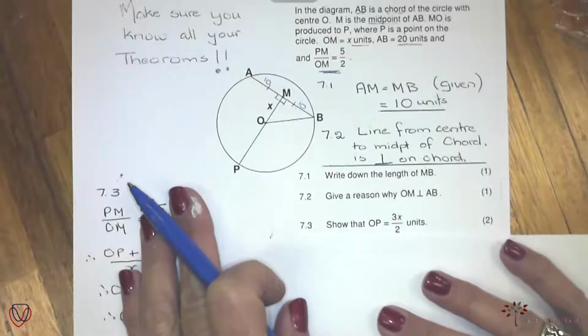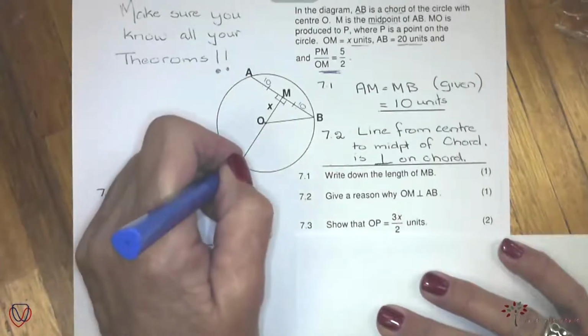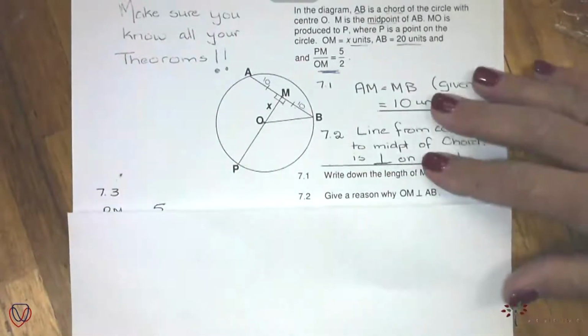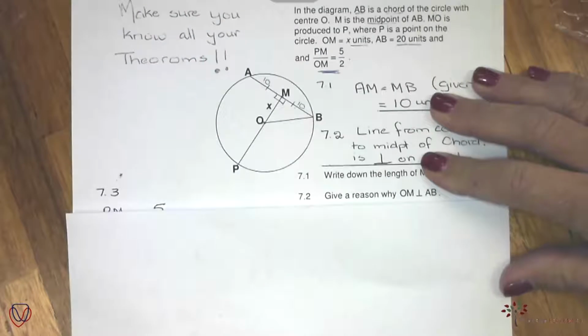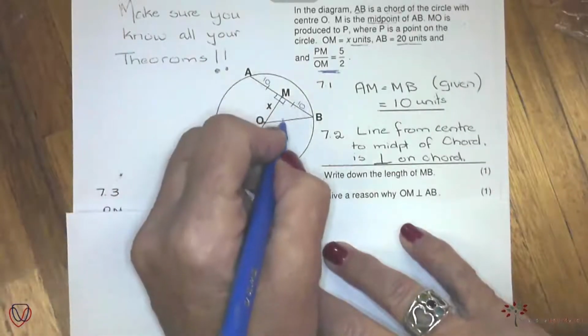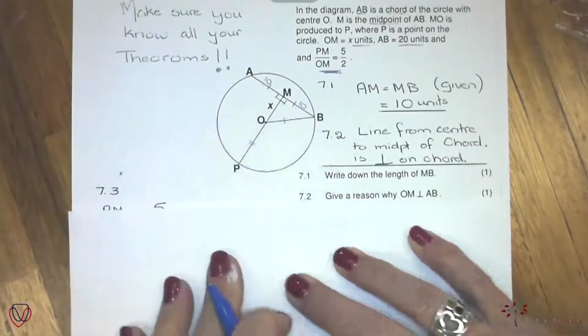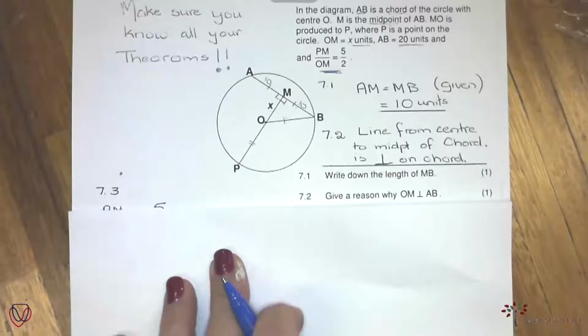Then, 7.3. Show that OP is 3x over 2. Now, people, you have a midpoint there, and that means OB will be equal to OP because they are both radii.